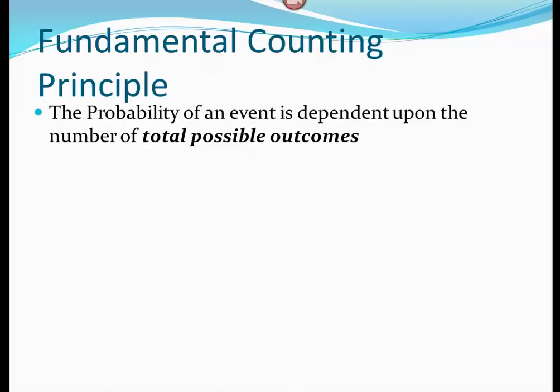In other words, how many items are in my sample space. And so the fundamental counting principle is something we can use for us to come up with that information. We don't necessarily have to have all of the outcomes written out. As long as we know how many there are, that's all we really need for our probability formula.